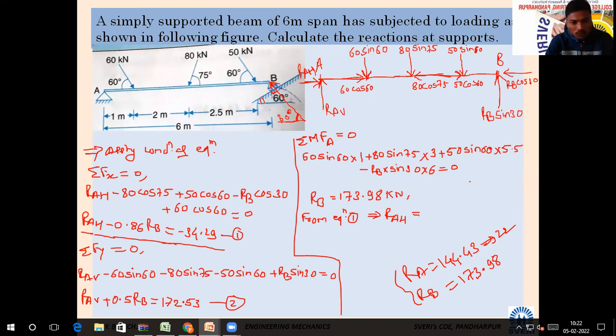Being first year students, you should know how to find RAH from equation 1. RB we know right now, so it is very simple to find RAH. That negative term will go to the other side and become positive.